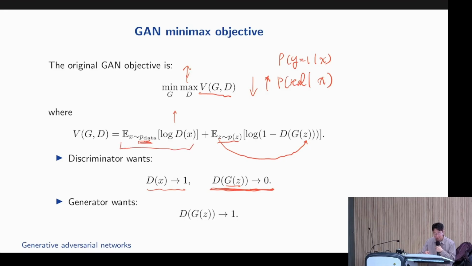The first term does not depend on the generator, so we only need to look at the second term. Since the generator wants to minimize, it wants to make D of G of Z go to 1, so it wants to fool the discriminator into thinking fake is real.